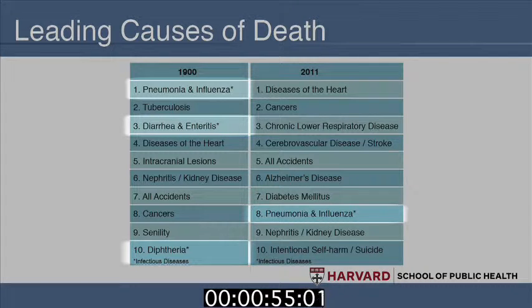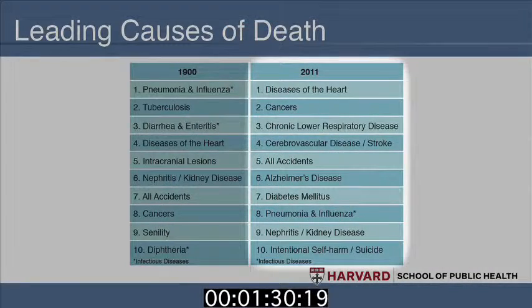So we've seen over the course of the 20th century a major shift in what is killing us. We have, for the most part, brought under control infectious diseases, although we're always worrying about those, and that's now a global enterprise in terms of disease trackers and disease chasers going all over the world to try to identify new agents and try to control them.